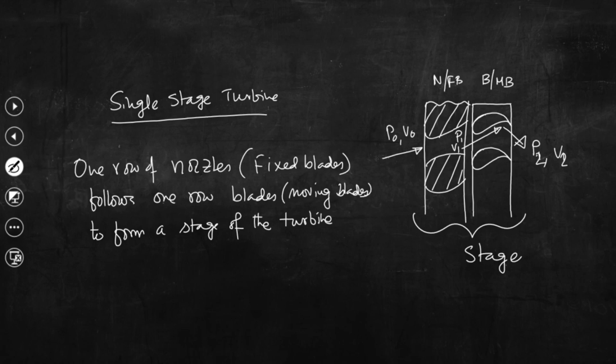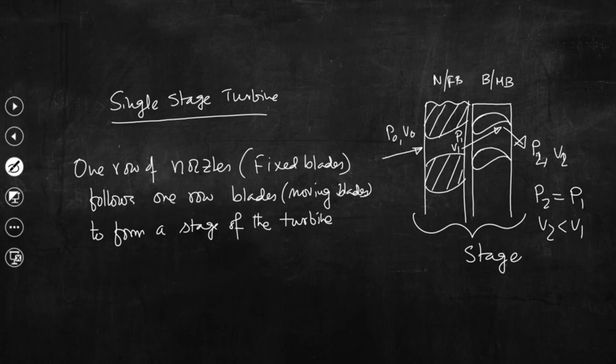Again, the pressure and velocity of steam at the inlet of the first row of moving blades is P1, V1, and finally P2, V2 are the pressure and velocity of steam at the exit of the first row of moving blades. Now, this P2 is equal to P1, and certainly V2 is less than V1, because a part of the kinetic energy is absorbed by the first row of moving blades.